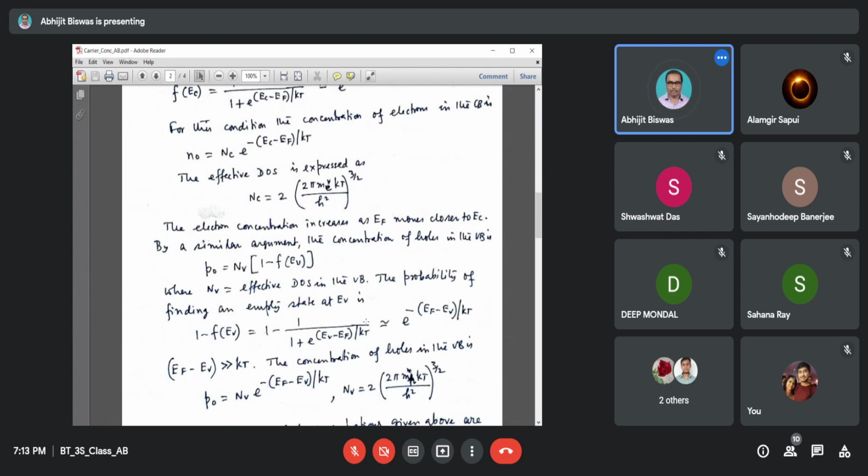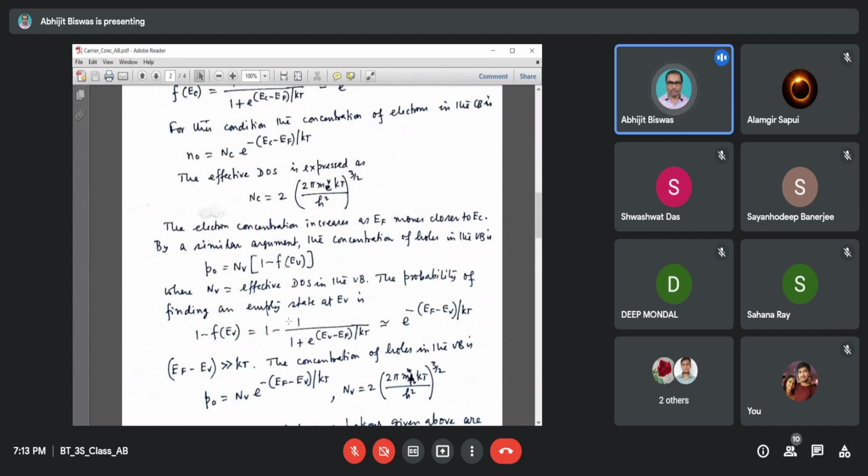Therefore, the hole concentration in the valence band can be obtained in a similar fashion as we determined the electron concentration in the conduction band, but you have to use the probability function of empty states, 1 minus f of EV.